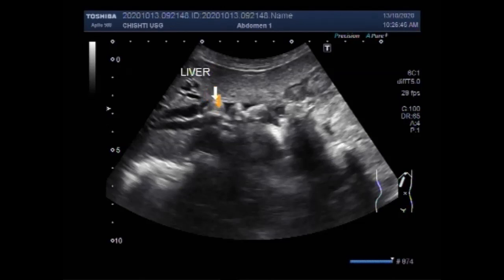You can see the multiple large stones in the proximal portion of the bile duct, the intrahepatic portion of the bile duct. These are the stones, and the smallest stone measures more than 12 millimeters.